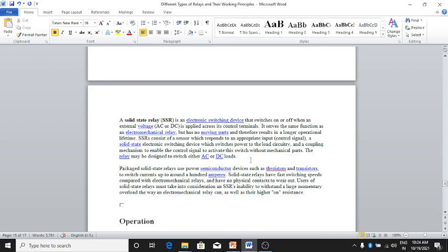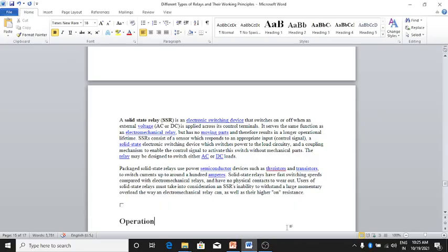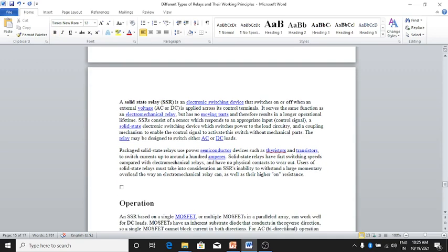Solid-state relay is used to switch either AC or DC. There is no moving part, otherwise it has the same function as an electromechanical relay. Packaged solid-state relays use power semiconductor devices such as thyristors and transistors to switch current up to around 100 amperes.